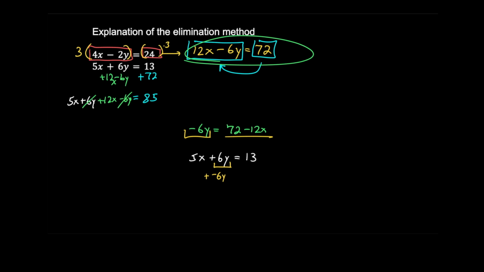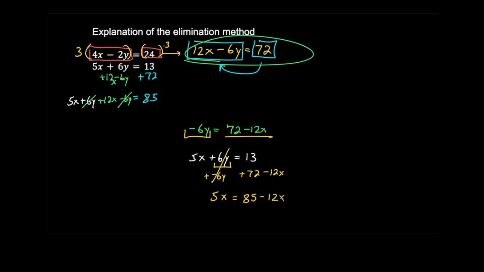Instead, we add the 72 minus 12x to both sides, or to the right side. So we'll cancel out the y's this way, and 5x equals 85 minus 12x. You end up with the same result.